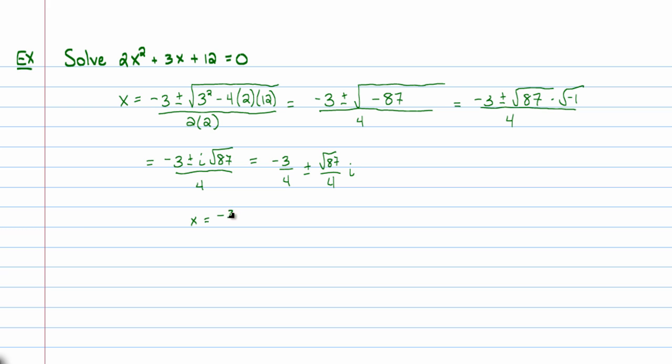In other words, one solution is a number plus root 87/4 i, and the other solution is its conjugate, a number minus root 87/4 times i. Very interesting result. But it's always that way with complex numbers, that the complex number solutions come in conjugate pairs.